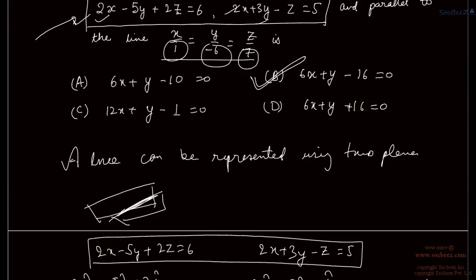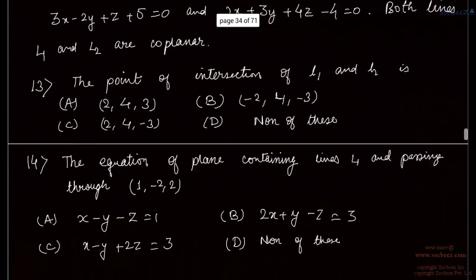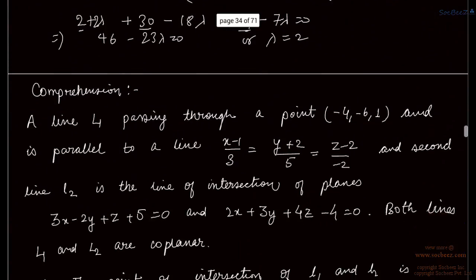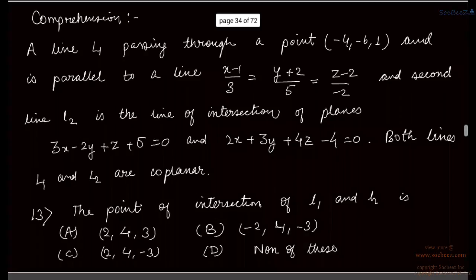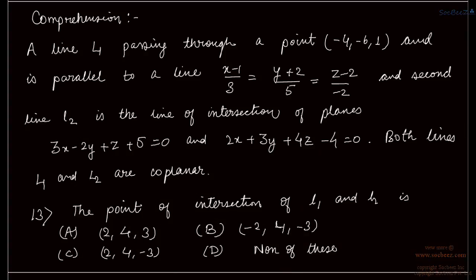Fine. Now moving to the next question. We have a comprehension. There is a line L1 passing through the point (−4, −6, 1) and parallel to a given line, and the second line L2 is the line of intersection of these two planes.